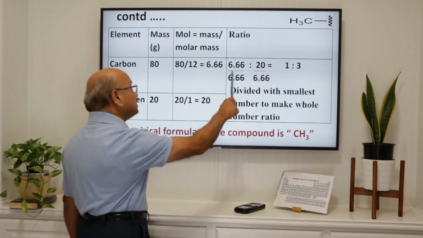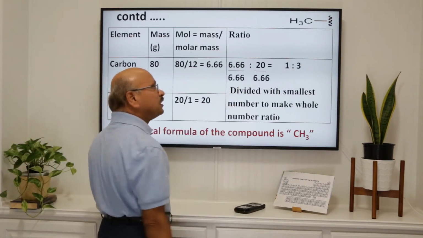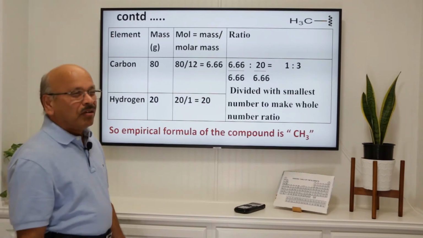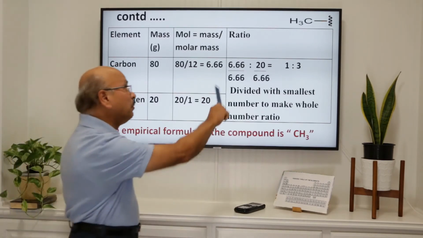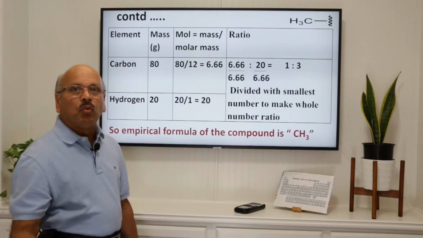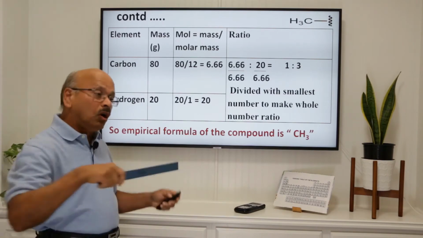So you divide 6.66 by 6.66, which is 1. 20 divided by 6.66 gives you around 3.001. Whenever the number is 3.001 or 2.99, which is very near a whole number, always correct it.